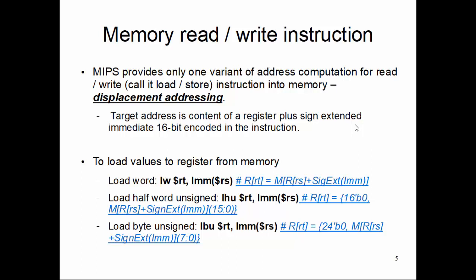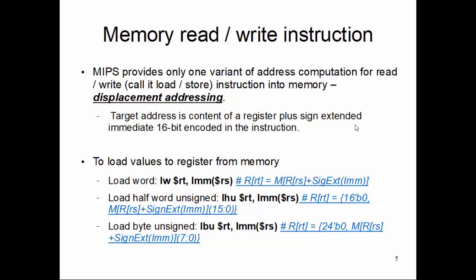Essentially, load and store are I-type instructions with an opcode, RS and RT, I don't remember exactly what format, please refer back to the older slide, and then a 16-bit immediate value.